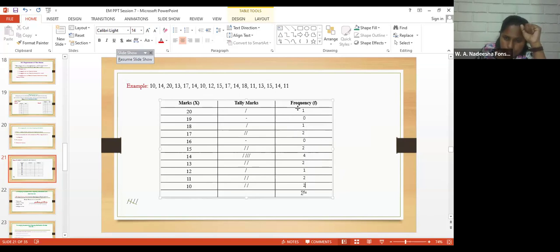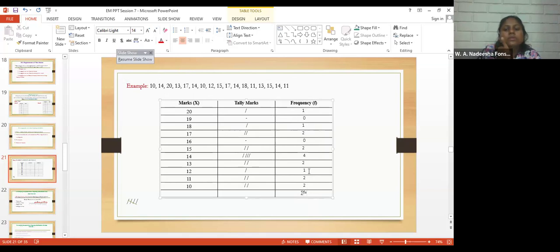After writing the frequency here, if you add the number of frequencies, the total frequency should be equal to the number of data here. 4, 5, 6, 7, 8, 9, 10.